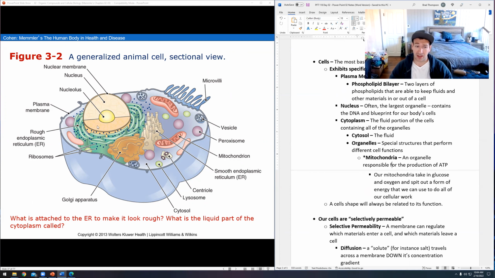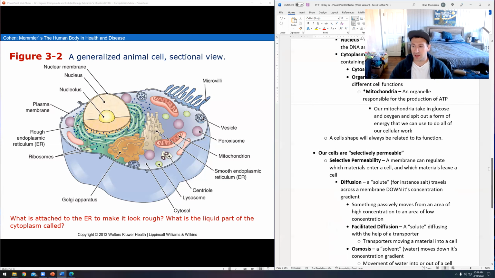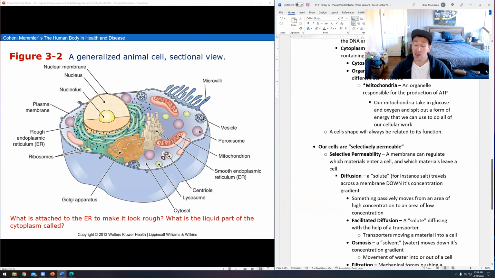So then all the individual organelles. Now there's a lot of them, right? They're all doing their own little things. But the big one we're going to talk about for now is the mitochondria. The mitochondria is responsible for energy production. I know every high school biology teacher has said this for 1,000 years, but it's the powerhouse of the cell. It is literally where you are generating all of your energy.